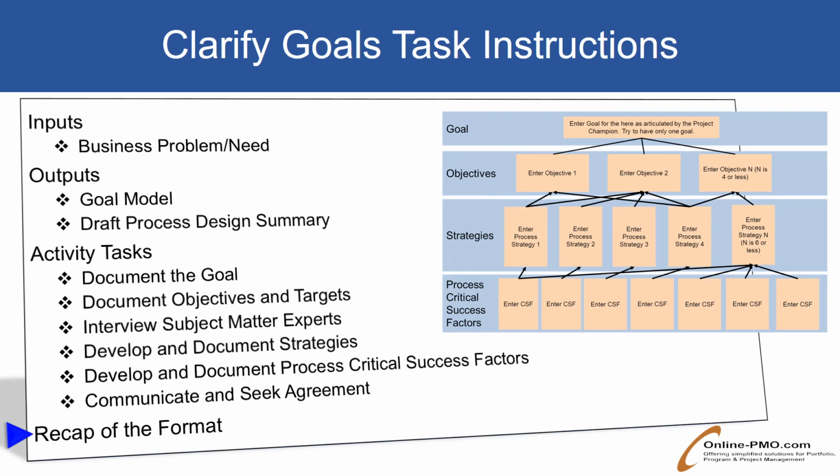Each strategy may include many related critical success factors. There can be many-to-many relationships between strategies and process critical success factors. The relationship between strategies and critical success factors will be depicted with connecting lines. A maximum number of 6 items of any type should be included on a single page.